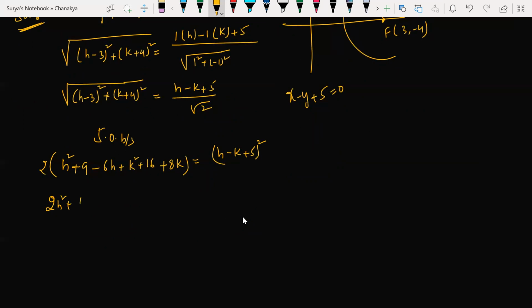2h square plus 18 minus 12h plus 2k square plus 32 plus 16k. So, a plus b plus c whole square formula: a square plus b square plus c square plus 2ab plus 2ab is nothing but 2hk.